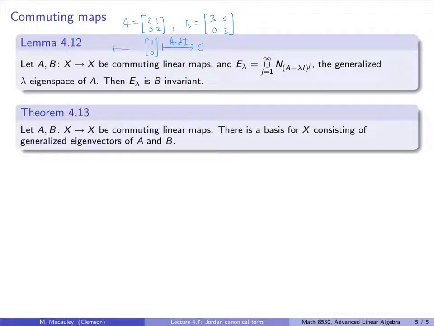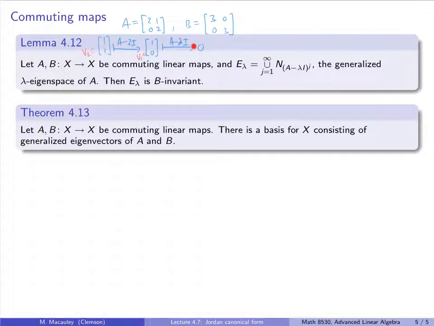And it's easy to check that the vector (1, 1) gets mapped to that via A minus 2I. So here is a basis of generalized eigenvectors. We don't have too much room to choose here. Any eigenvector has to be a scalar multiple of this, and then that determines the other one. So let's call this v1, and this v2.